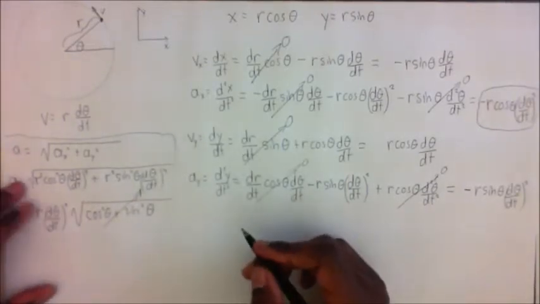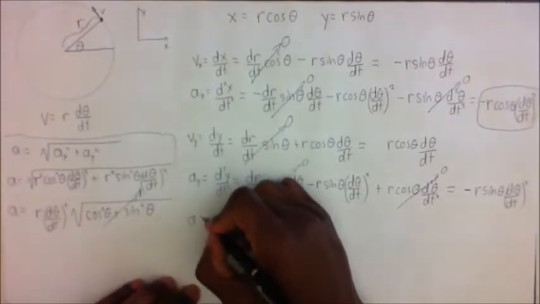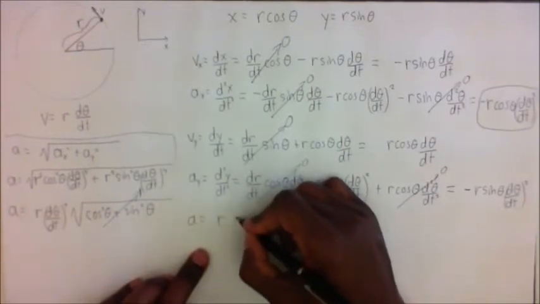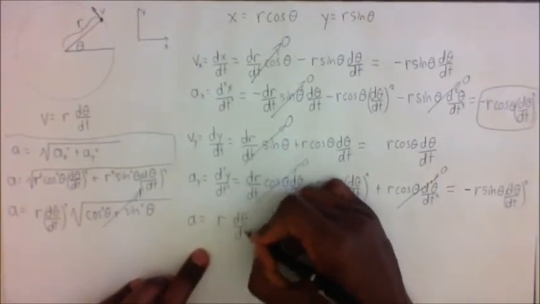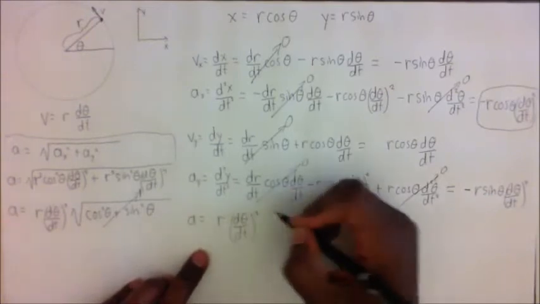So in this case, the acceleration is equal to r d theta over dt squared.